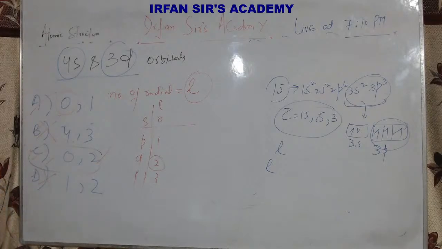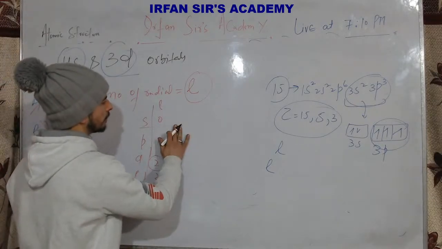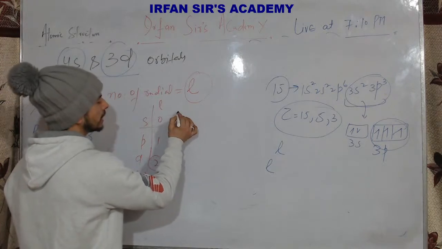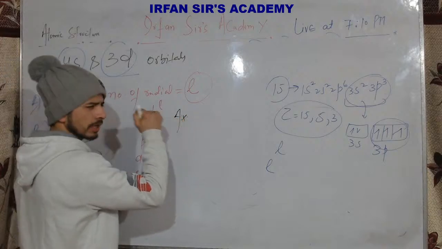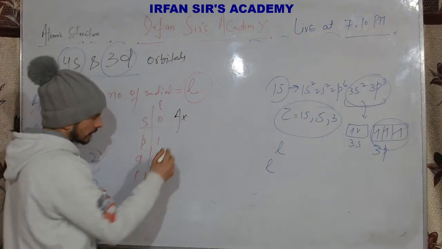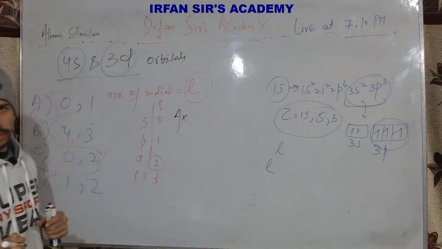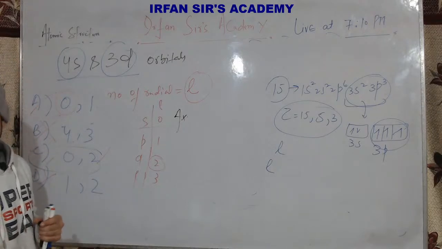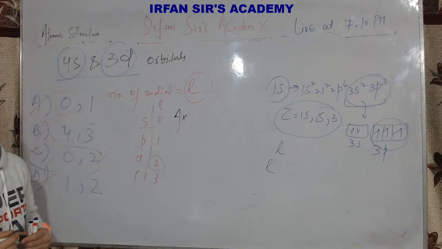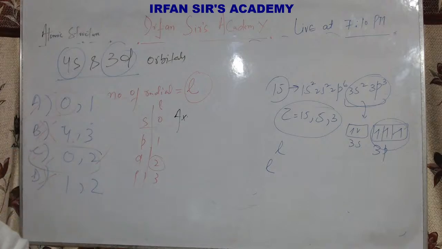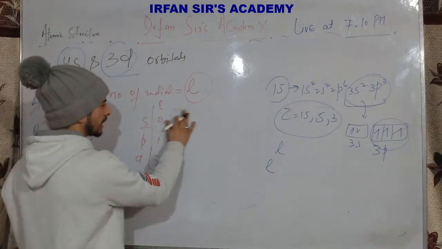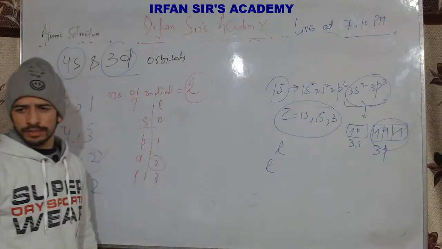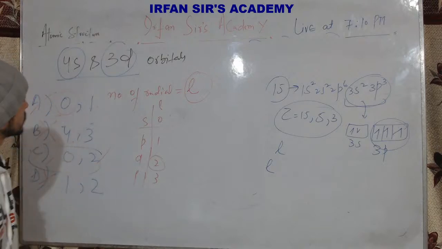Now there is another type of node, called angular nodes. One is the radial node. I forget the name. N minus L minus 1. What are those called?